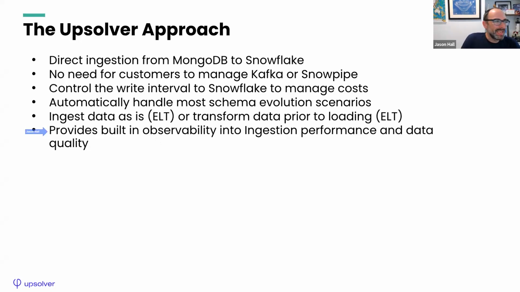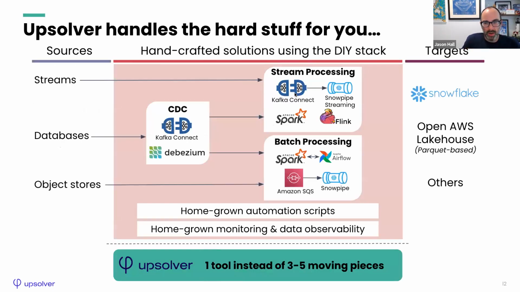So those are some of the key components and key value propositions that Upsolver gives you when ingesting data from MongoDB to Snowflake. And just to overlay some of what we just discussed on top of a more do-it-yourself architecture, if you look at your sources on the left-hand side of the screen and your targets on the right-hand side of the screen, many customers are very successful building it themselves using a variety of technologies that you see in this red box in the middle of the screen.